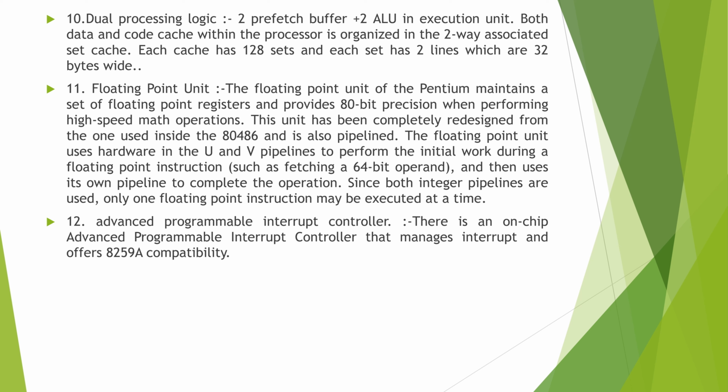That is why the floating point unit is an 8-stage pipeline in the Pentium to complete the mathematical operations. Since both the integer pipelines are used, only one floating point instruction can be executed at a time.